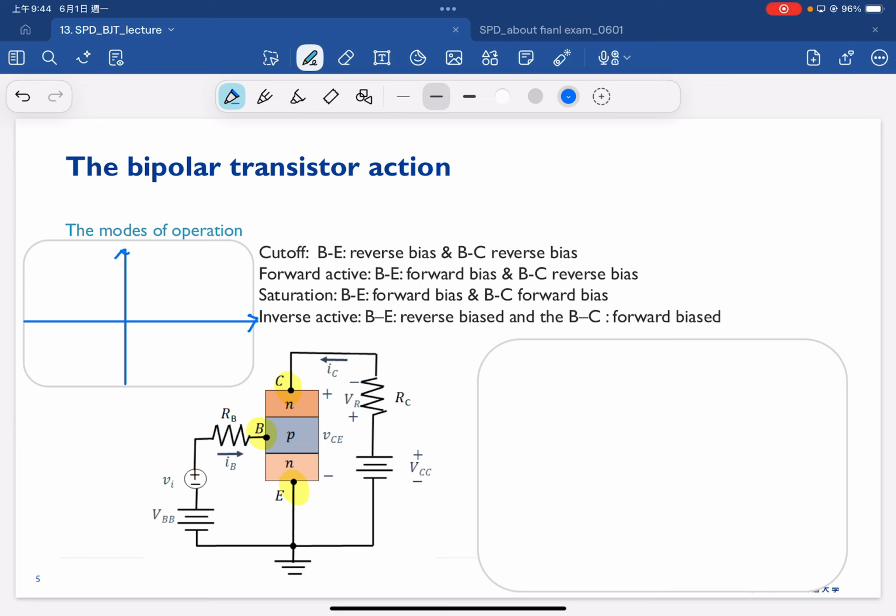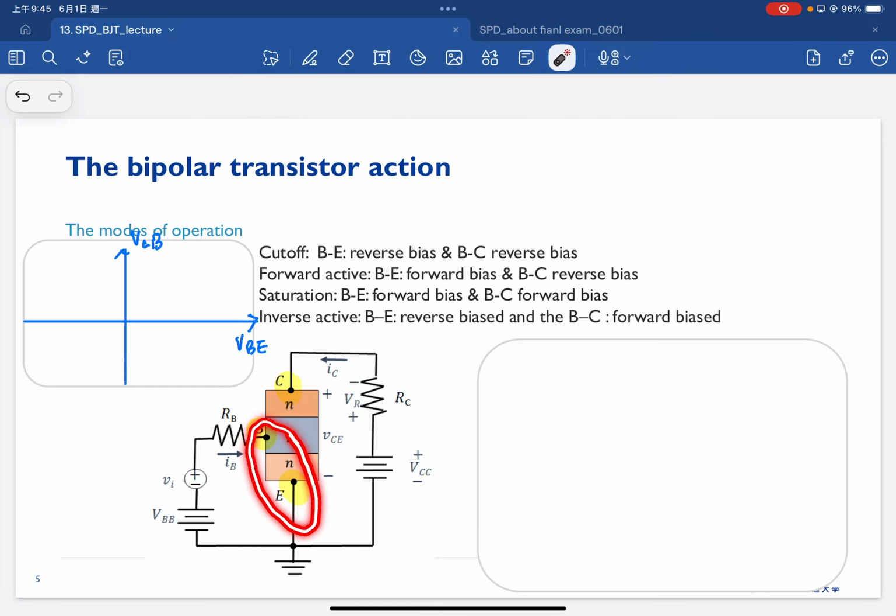Where we have the VCB, which is the voltage between the collector and base, and also the VBE, the voltage between the base and emitter. Therefore we have to consider the bias between this PN junction, whether we can have forward or reverse, and the bias between this junction, where we can have forward and reverse as well.